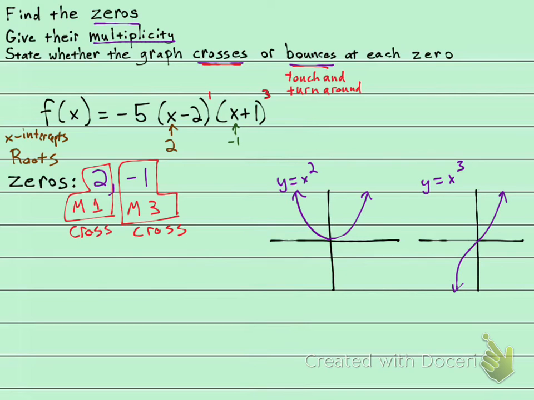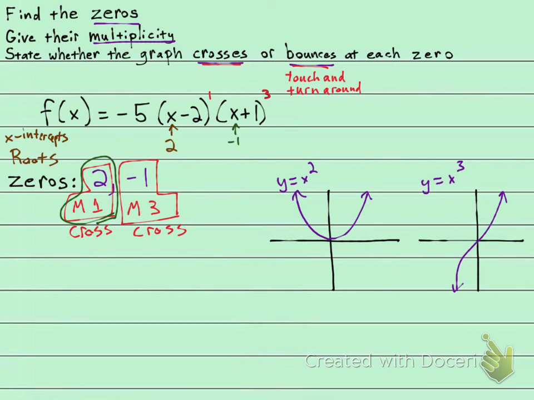The way that this question is worded can be a little confusing. When they're asking about the multiplicity of the zeros, you would say that there are 2 zeros, -1 and 2. And you're going to say that the multiplicity of the largest zero, that's right here, is 1.